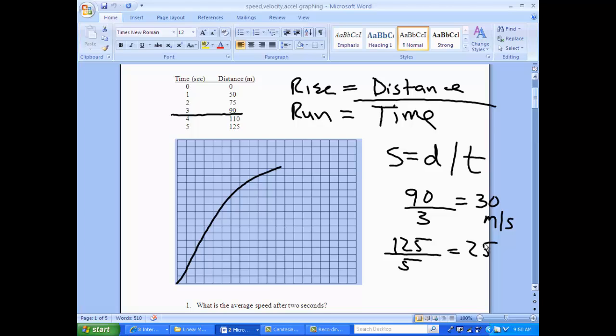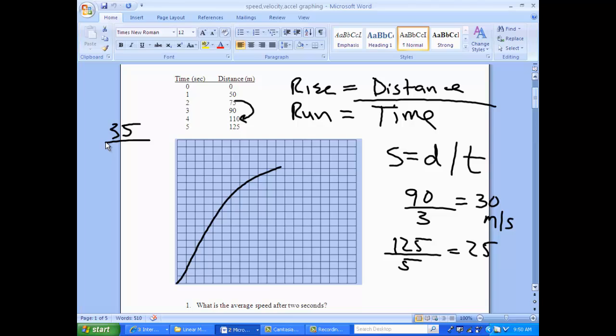Okay? And I think there were some questions in there saying, what was the average speed between 2 and 4 seconds? Well, if it's between 2 and 4 seconds, we can easily figure that out as well. We could do rise over run. So we know that we started at 75, we go to 110. So what is the distance that we travel if we start at 75 and go to 110? 35.